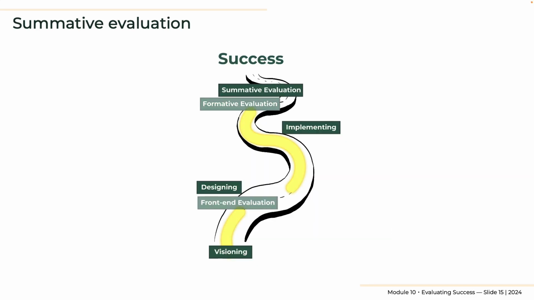Summative evaluation, also known as outcomes or impact evaluation, is conducted after a project is established or completed and describes project outcomes, determines a project's effectiveness, and describes project value. Findings from summative evaluation help to determine if a project has met its desired outcomes and accomplished its stated goals.